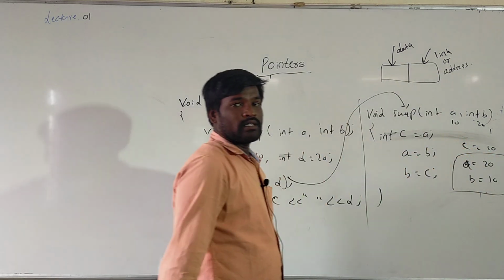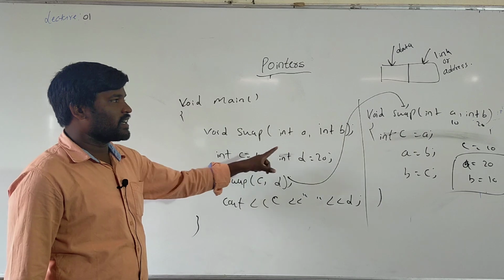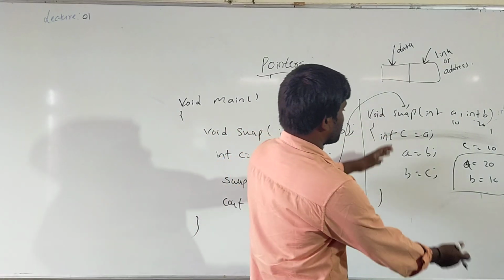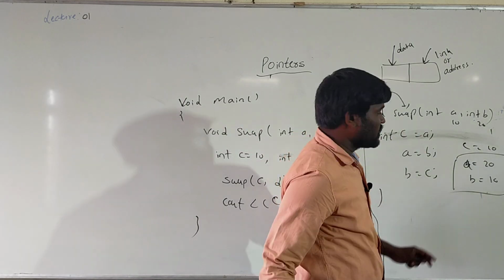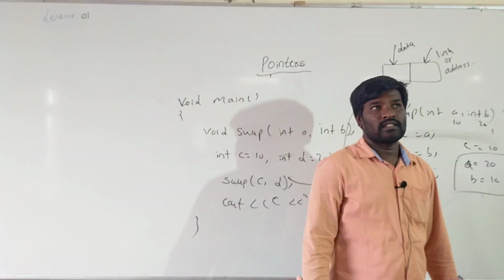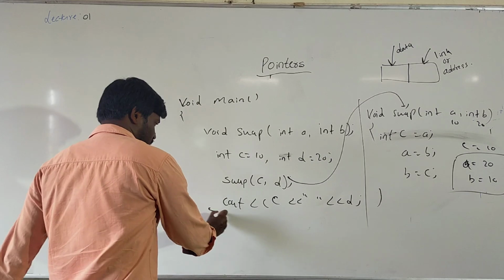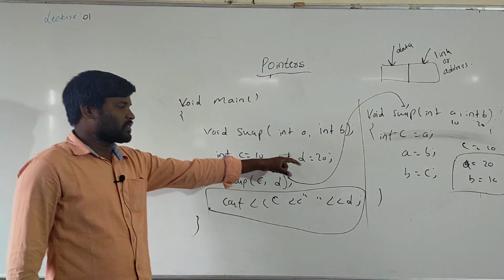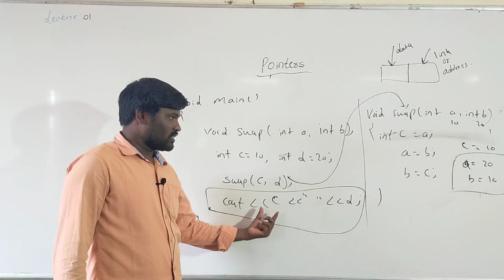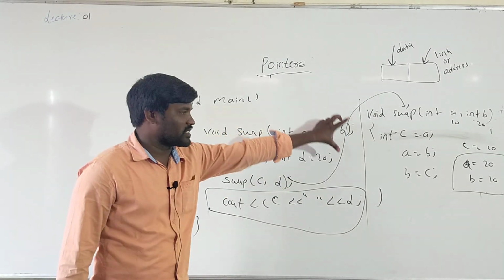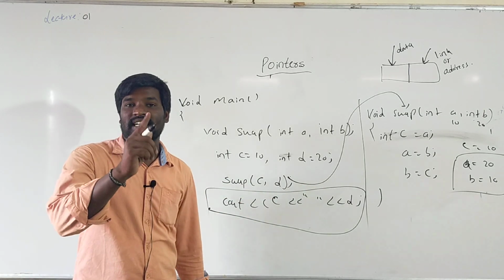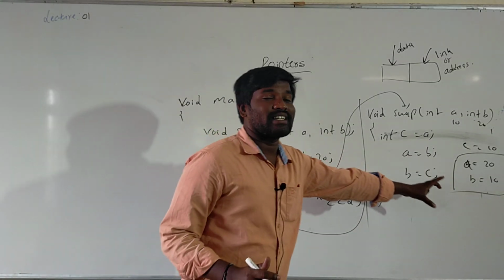Initially A value is 10 and B value is 20. After executing these three statements, it will become 20 and 10. Then what about the original statement? Here after executing this function, C and D values remain 10 and 20 only, not 20 and 10.